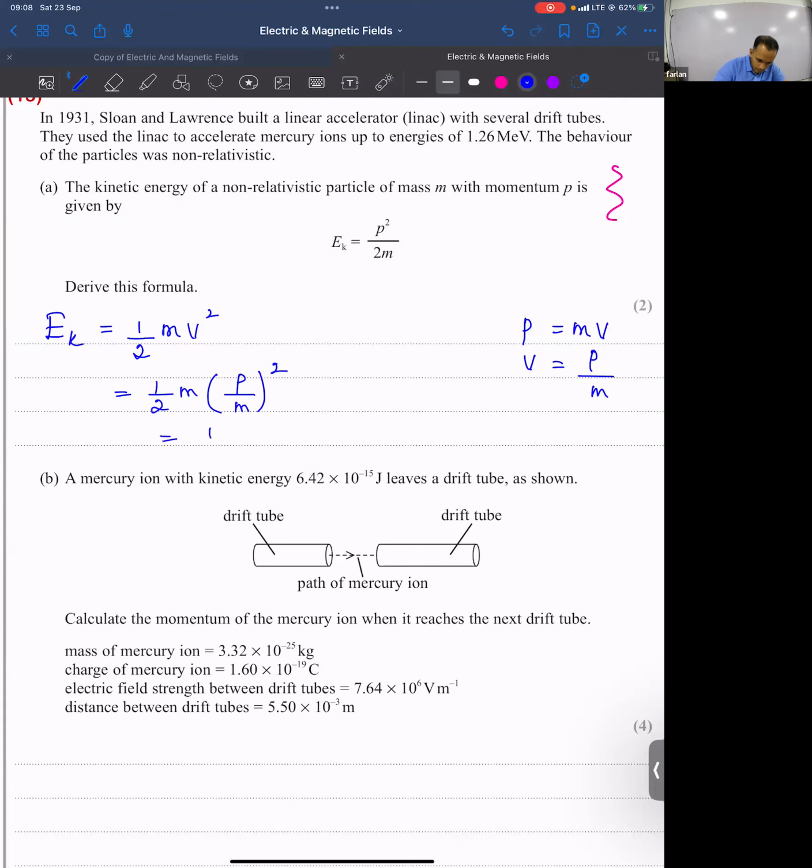That is half m, p over m square, which is p square over m square. So one of these m's will cancel off and you are left with p square over 2m. That will be the kinetic energy of a particle with mass m who has a momentum p.